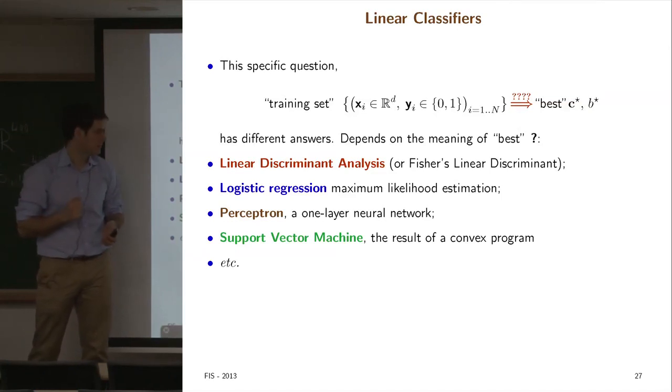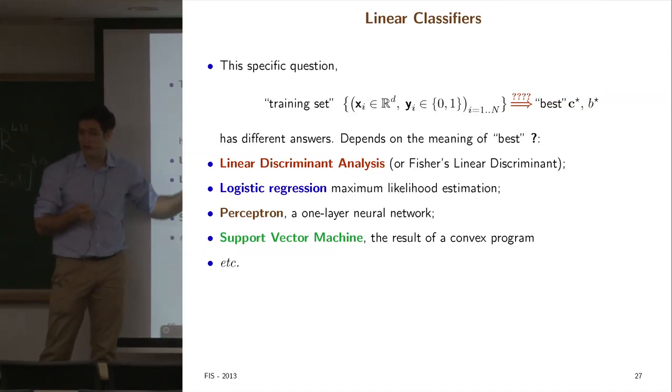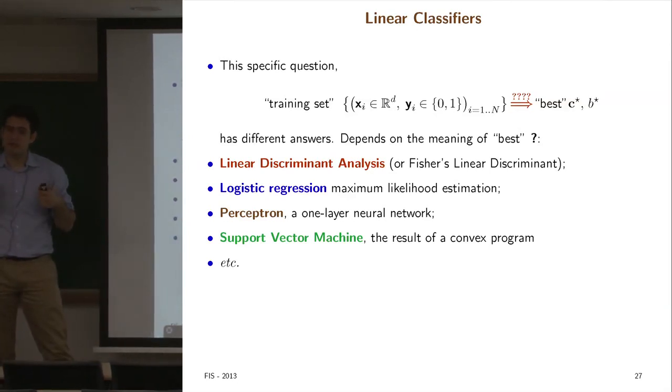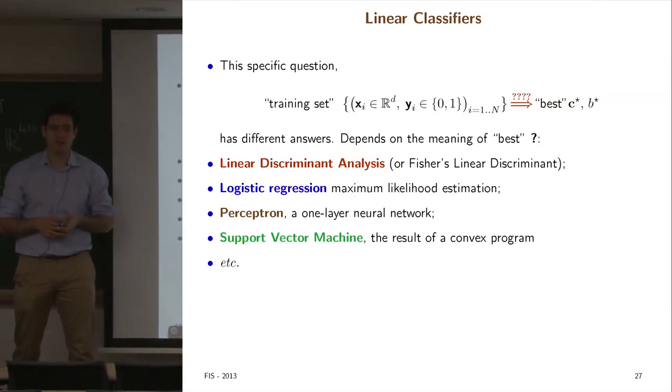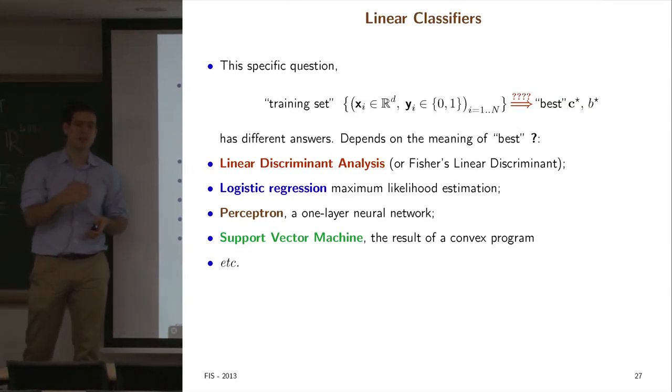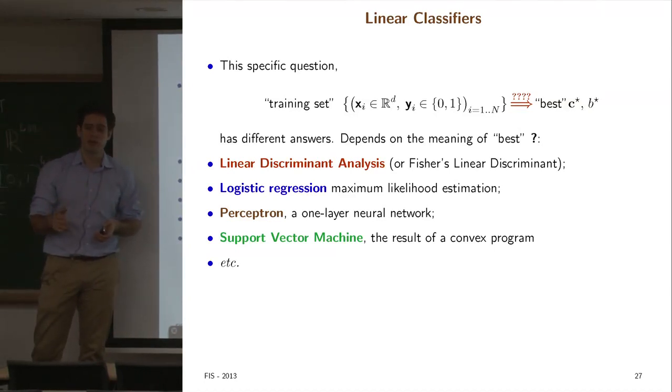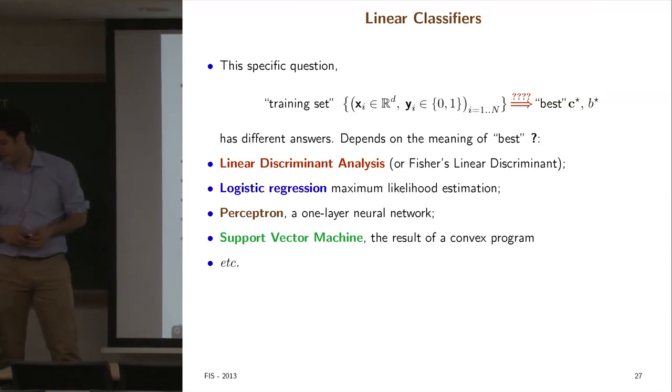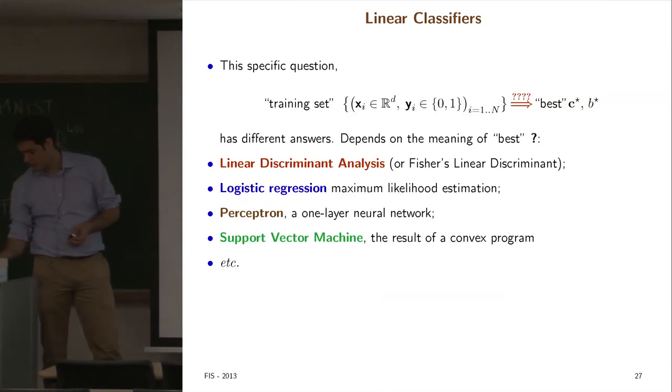And I'm not even really sure what best means. You can give many different answers to this question, and to each answer usually there's an algorithm. To each different intuition about what you want to do, there will be a different algorithm. So I will present 4 of them. I think it should be fine.